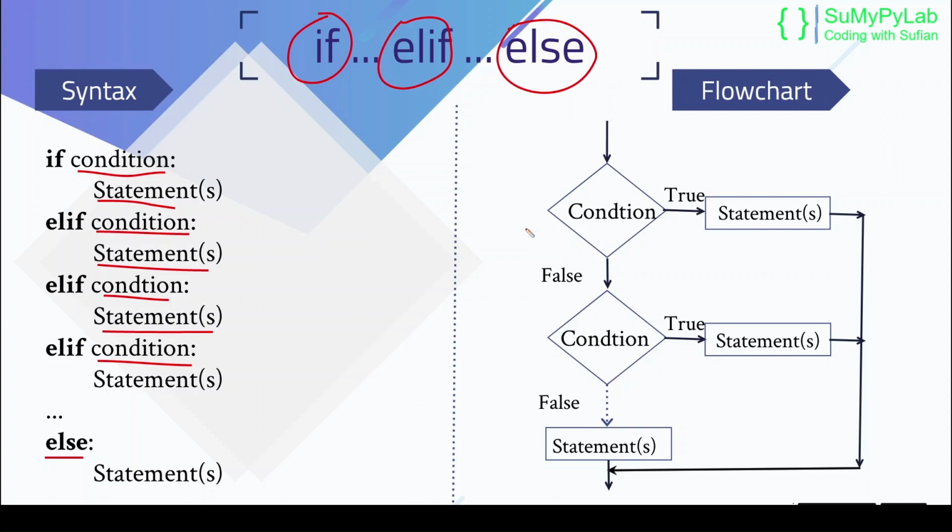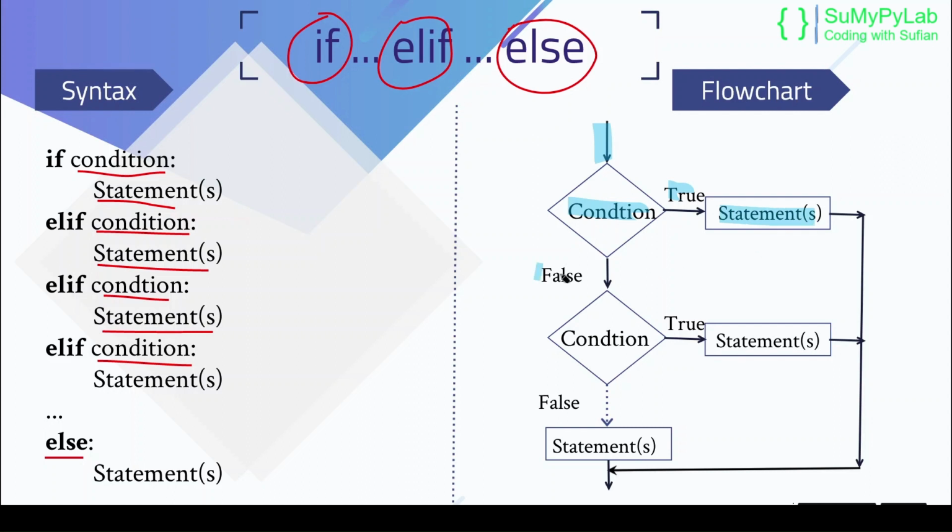Now let's look at the flowchart. As soon as the flow control reaches here, the condition is checked. If it is true, these statements are executed.